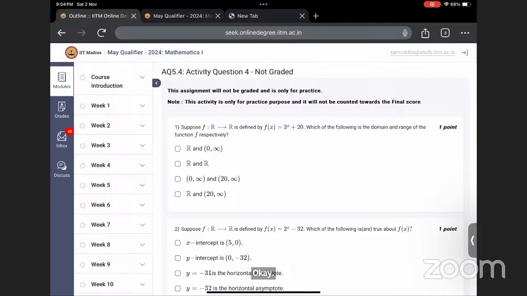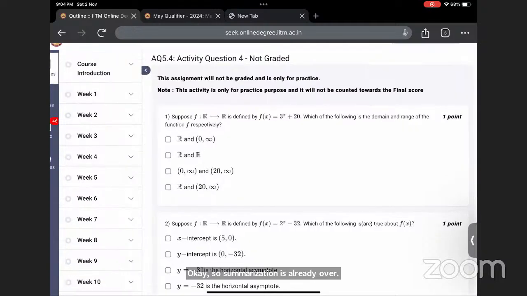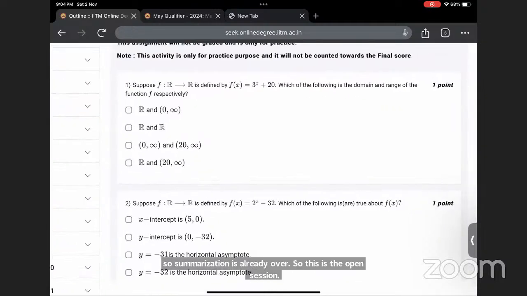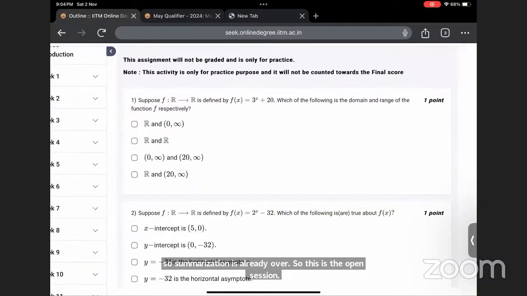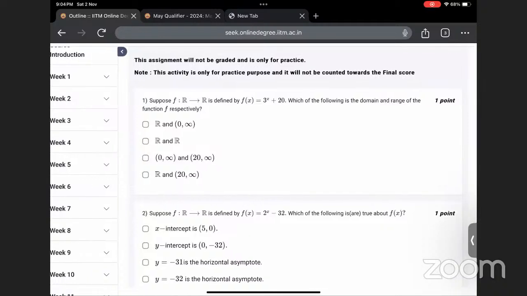So this is the open session. Ma'am, why are some of the open sessions still not published in the calendar? They are asking for a request access. Like previous days, October 30th, November 1st open sessions. It should not be the case. In that case, maybe we have to give you permission access for this.